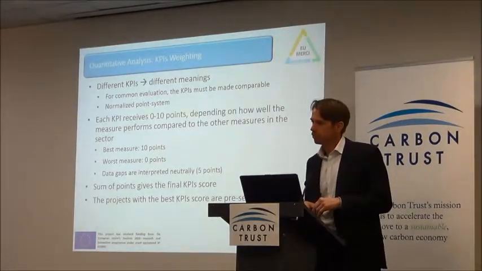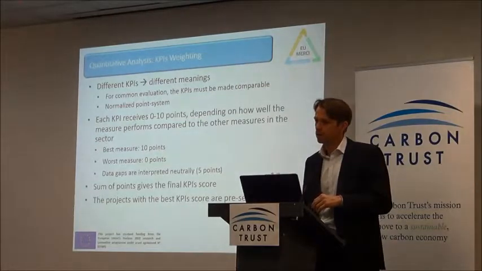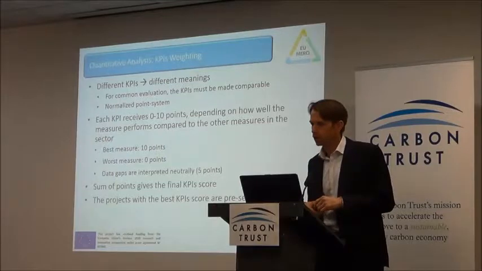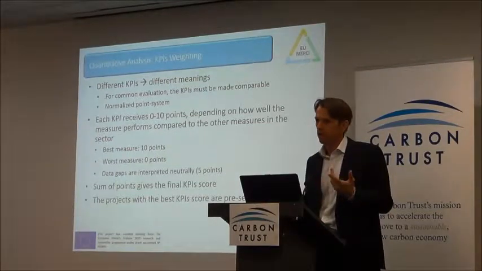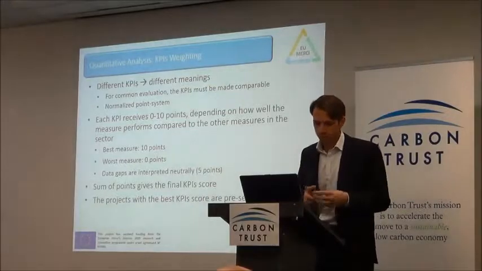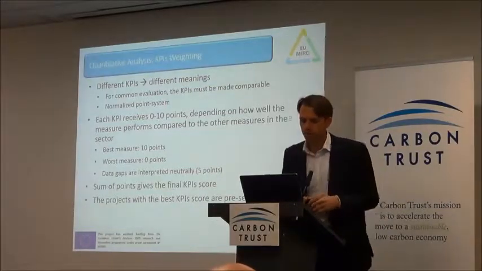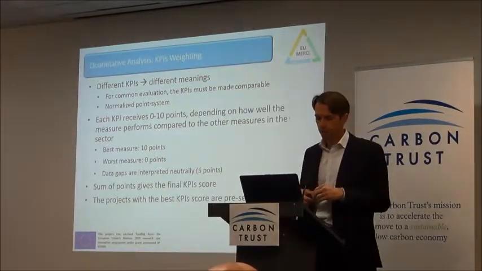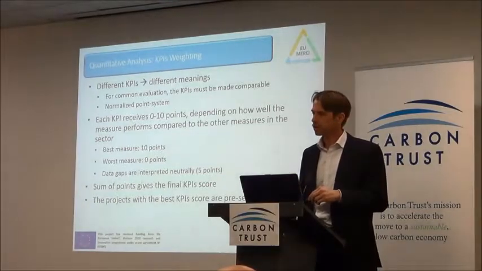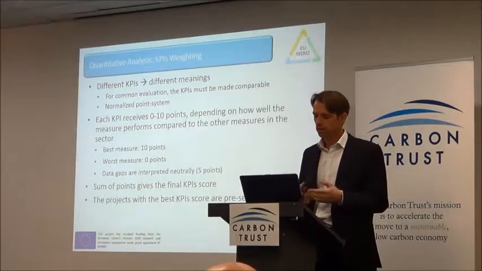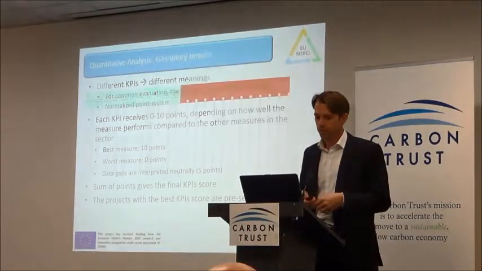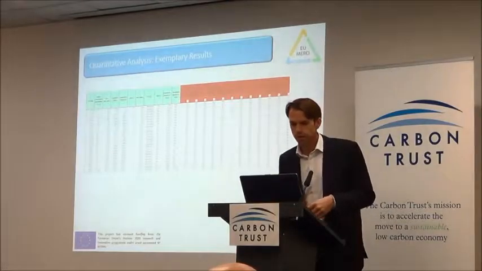The best KPI value of a measure receives 10 points, the worst 0 points. All other measures are somewhere in between, and if there have been some data gaps, they are interpreted neutrally by 5 points. And the sum of points gives the final KPI score, and this gives a good idea of the best performance of the sector.